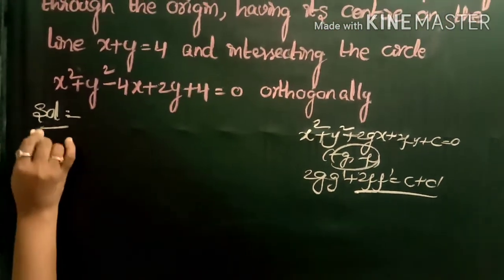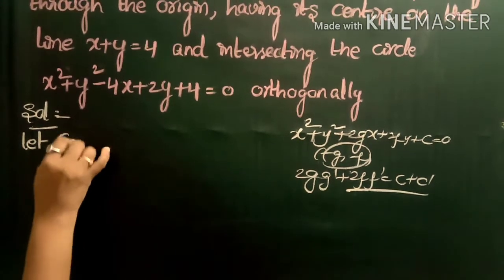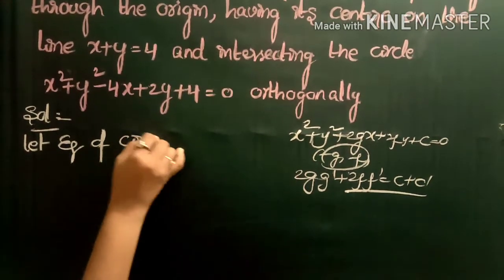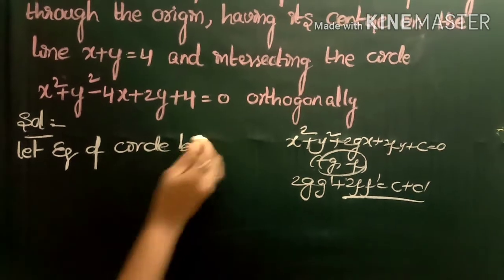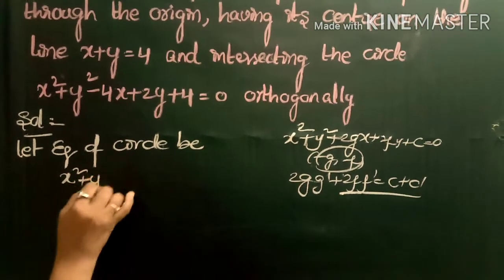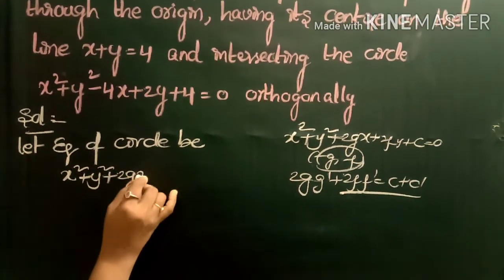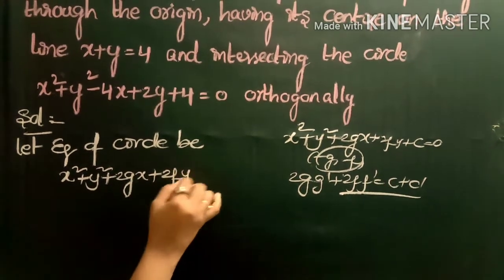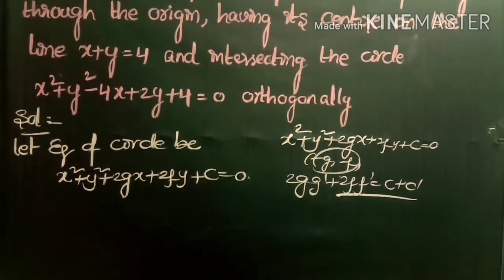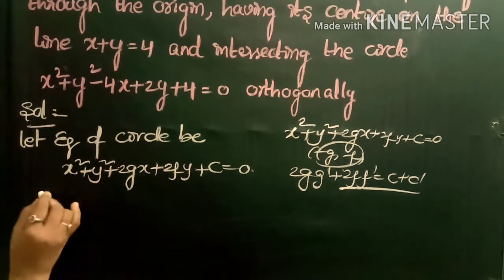So first we are taking the equation of circle. That equation of circle be x square plus y square plus 2gx plus 2fy plus c is equals to 0.